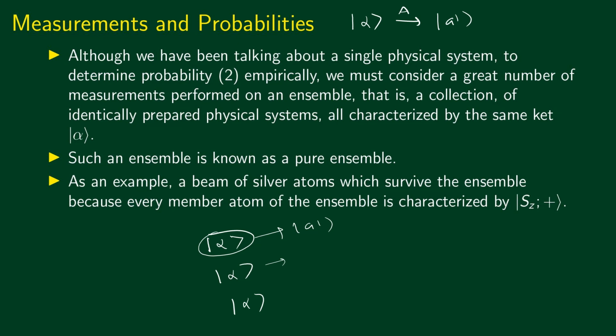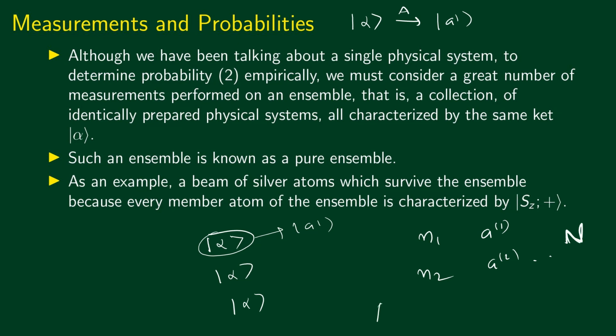Then I take the next system and measure observable A. Suppose I get n1 times the value a1, n2 times the value a2, and so on, and suppose we have made a large number of measurements, given by capital N.